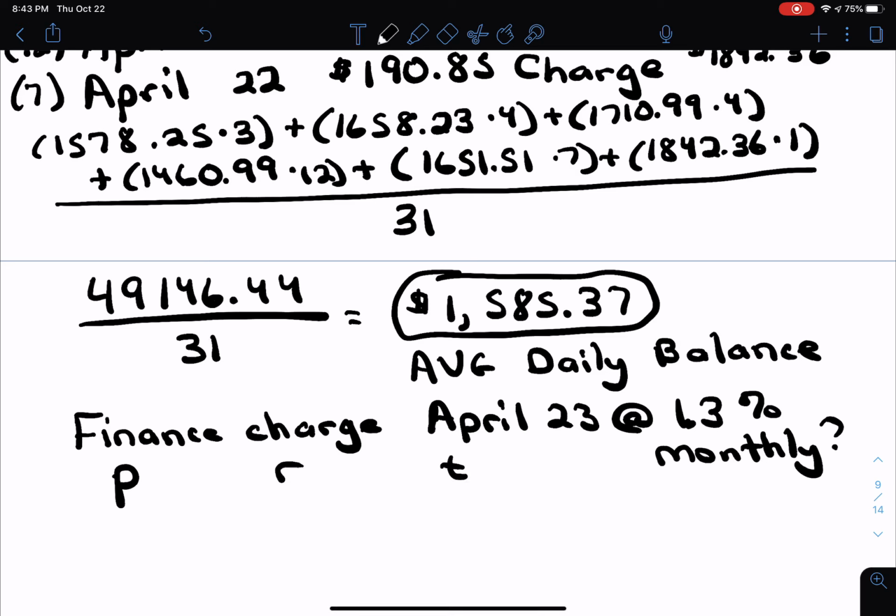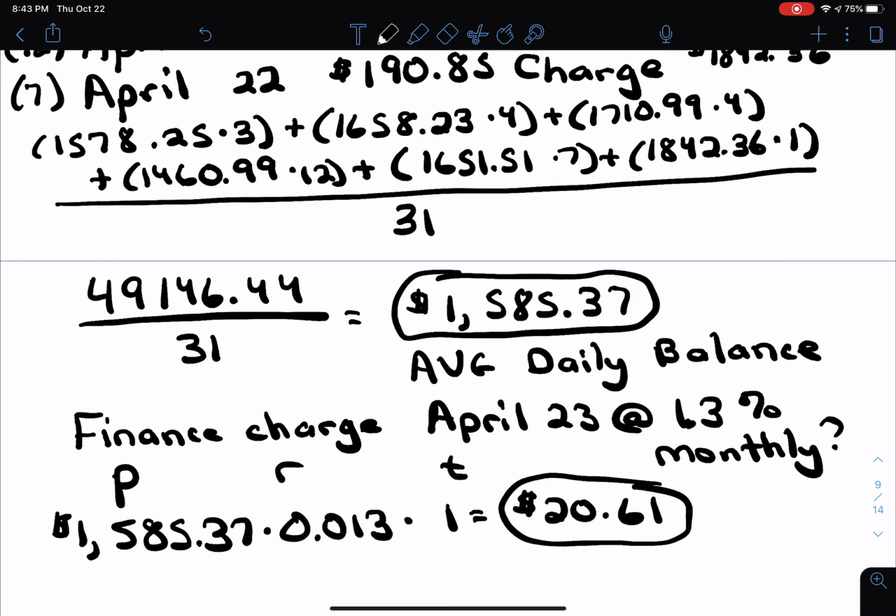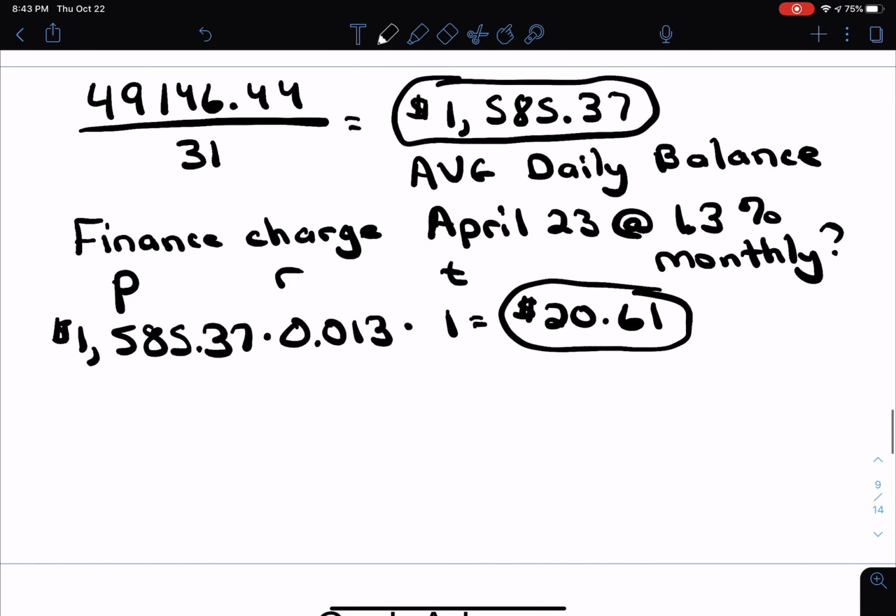So I use my 1585.37 times, since we're doing it monthly, 0.013 times 1 month. And then that is $20.61. So that's the finance charge. So what is the balance due?